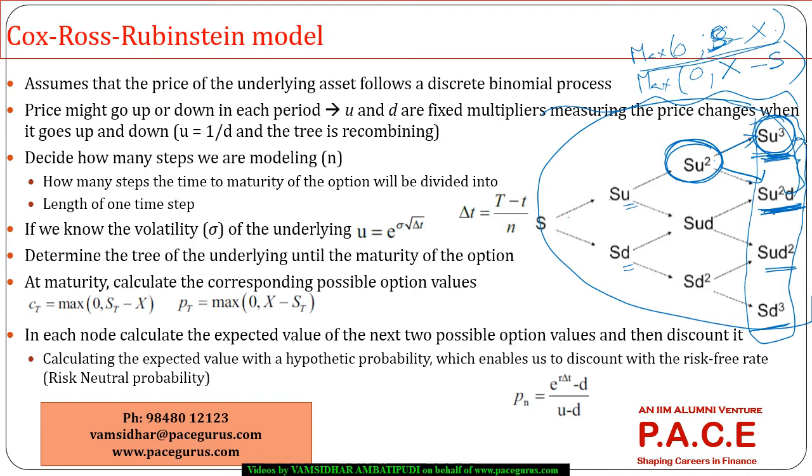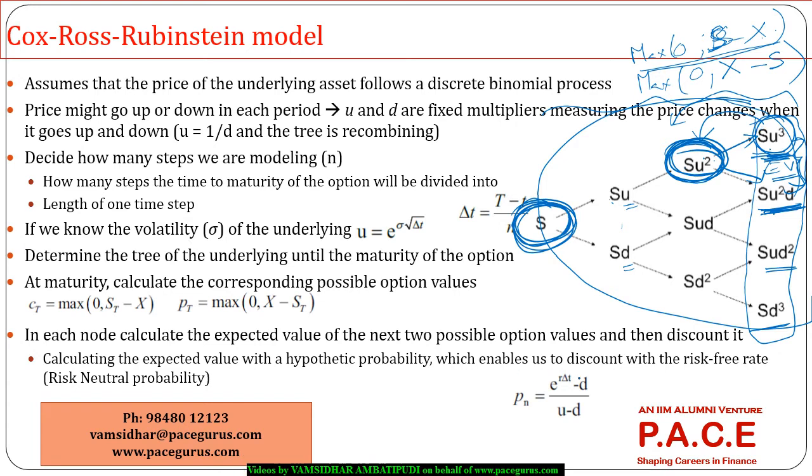Based on this, I am going to find out the expected value of the option here. And I discount it to this particular period to find out the value of the option at this node. So like this, I keep finding out the value of the option at each of the nodes until I reach here. So I work backwards, find the value of the option at each of the nodes, and whatever number comes here will be the final value of the option.